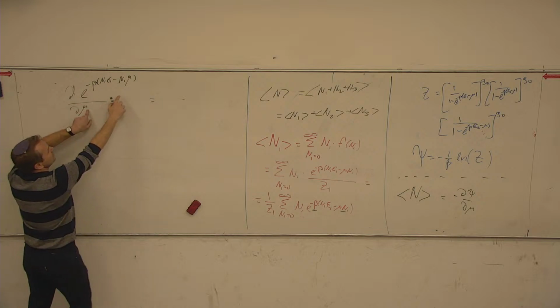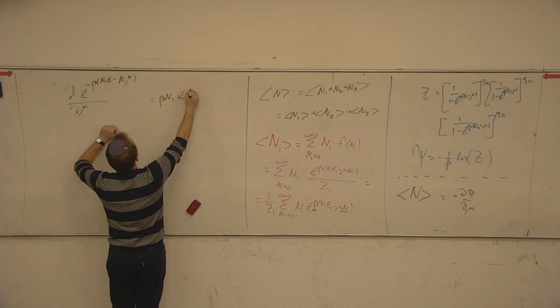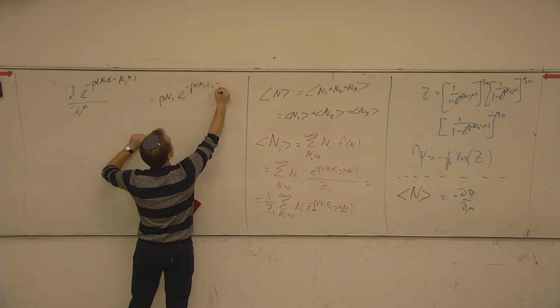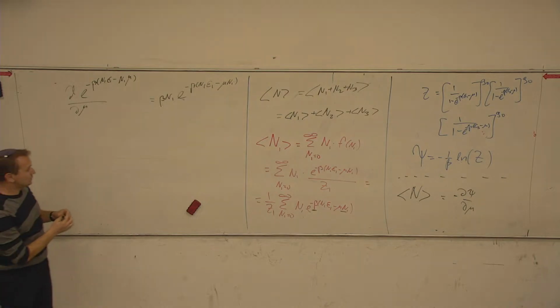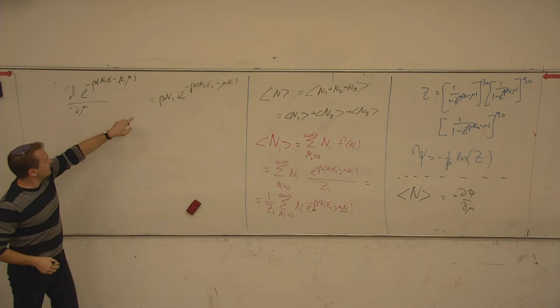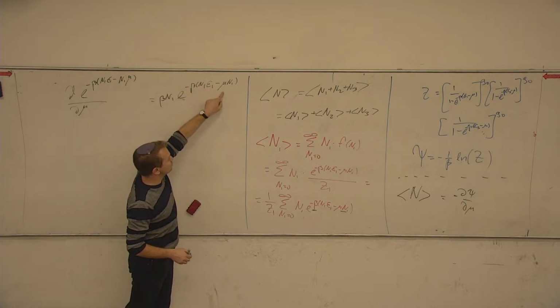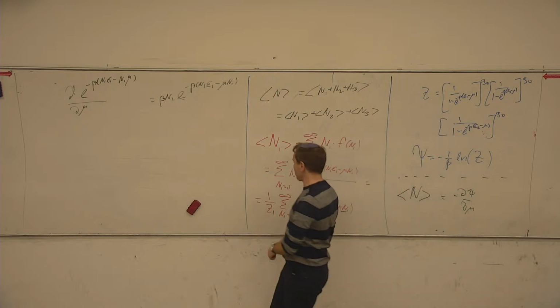I get beta n1 e to the power minus beta n1 epsilon 1 minus mu n1. So, you see, I can write n1 e to the power minus beta n1 epsilon 1 minus mu n1 as this term over here.